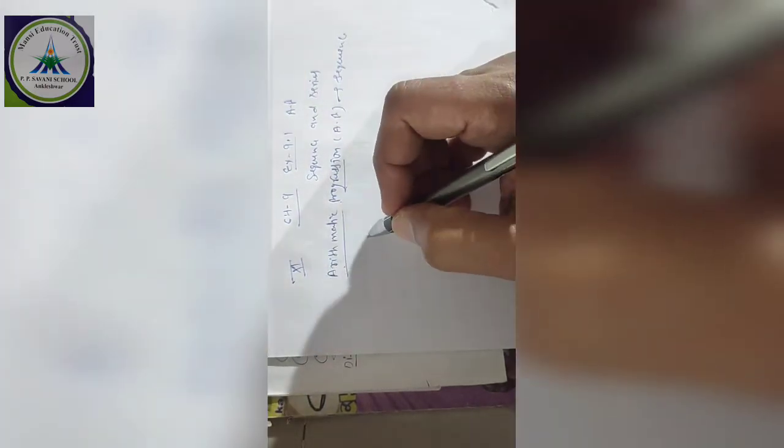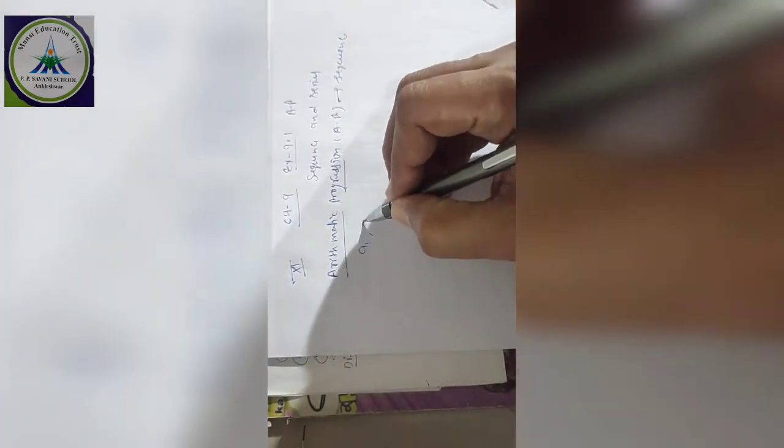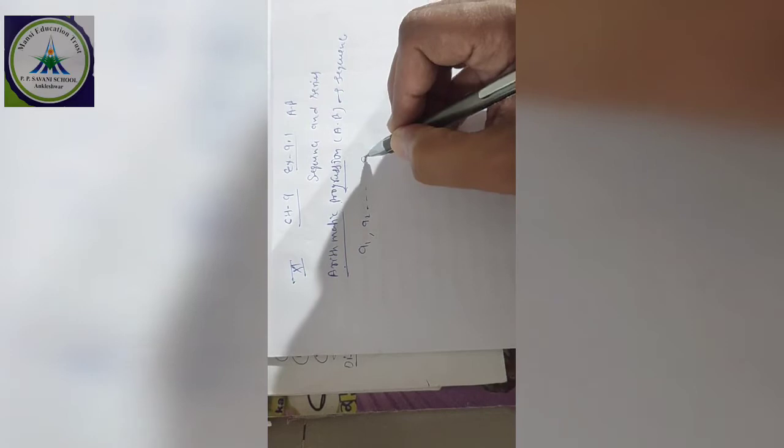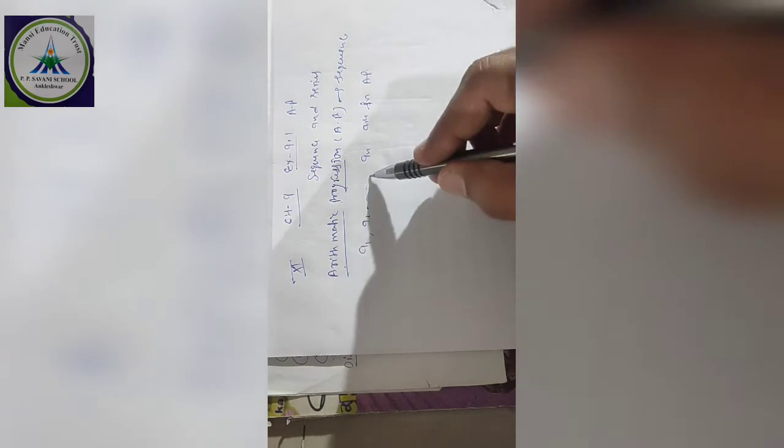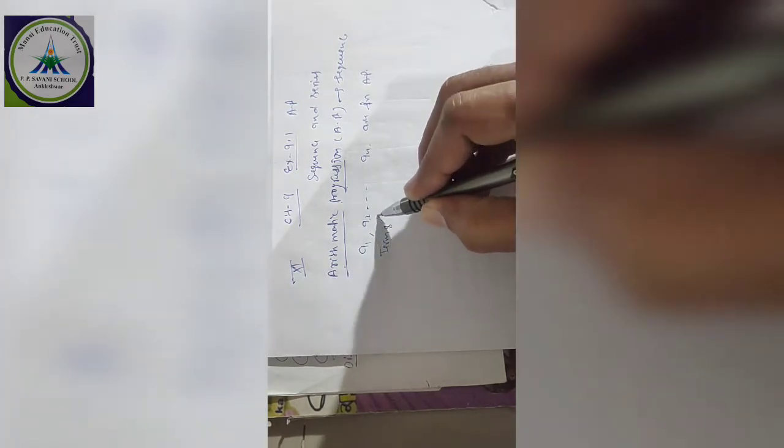arithmetic progression. So first, if A1, A2, ..., AN are in AP, then A1, A2, A3 and so on are the terms.